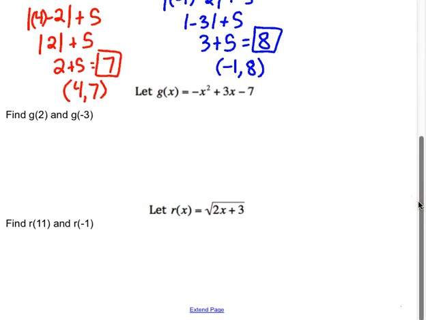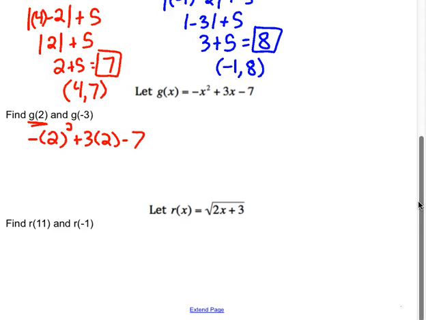All right, how about this next one? So g of 2. Let's plug in 2 everywhere I see an x. Now here we have to be very careful. Notice how I only put the parentheses around the 2, because the 2 was the only thing I was plugging in. When we're evaluating things, another thing to always watch out for is you always do exponents first.